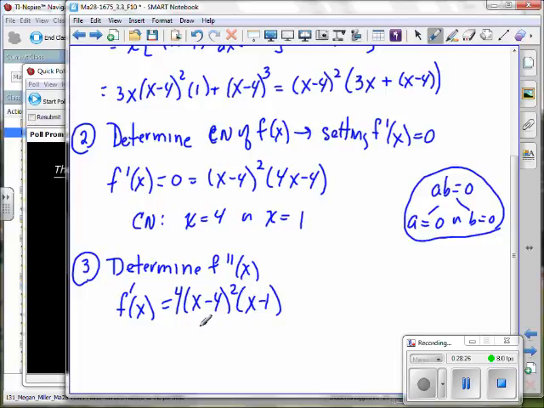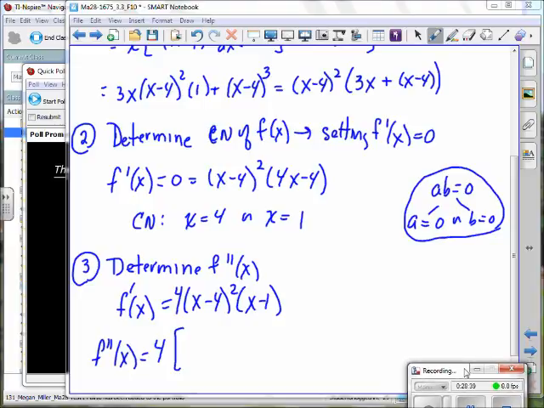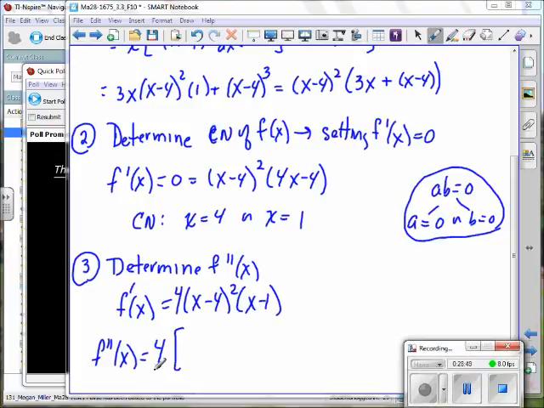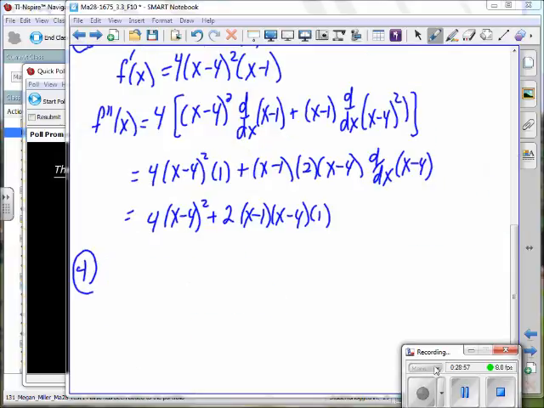I'm going to have to use the product rule and the chain rule again to find the second derivative. Okay. There's my second derivative.